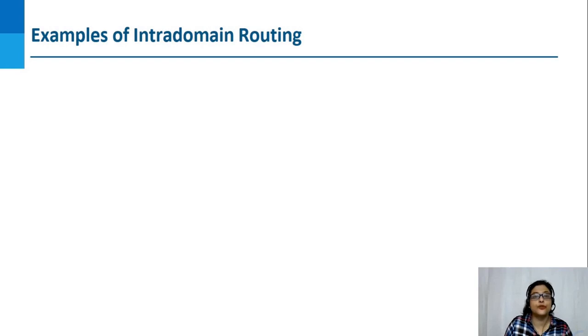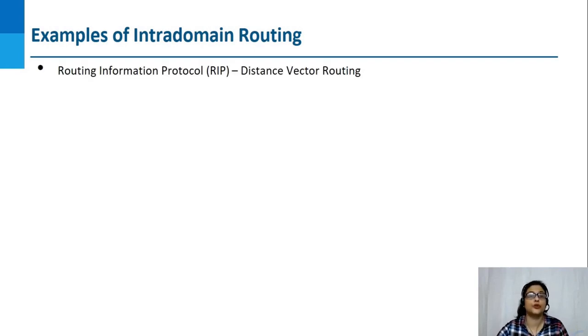Now, the examples of intra-domain routing are routing information protocol or RIP, which is based on distance vector routing, and it is a very simple routing protocol.